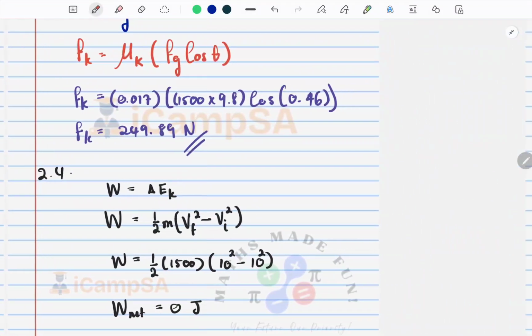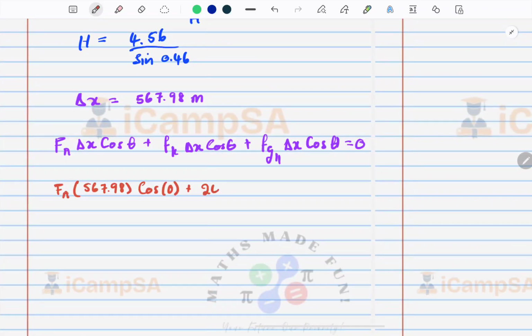So 249.89, and then you've got your displacement here again, which is going to be 567.98, right? And then cos theta. Now let me not put this cos as yet. Now when we're dealing with friction, again we've got our car here, but this force is going in this direction, whereas the displacement is this side.